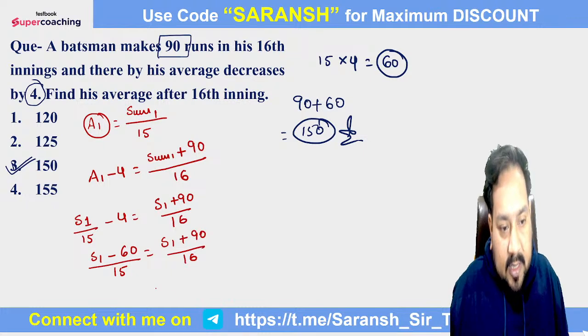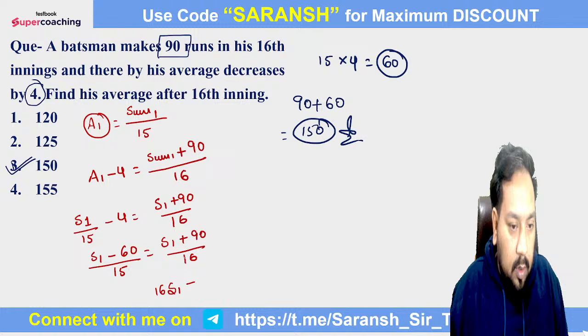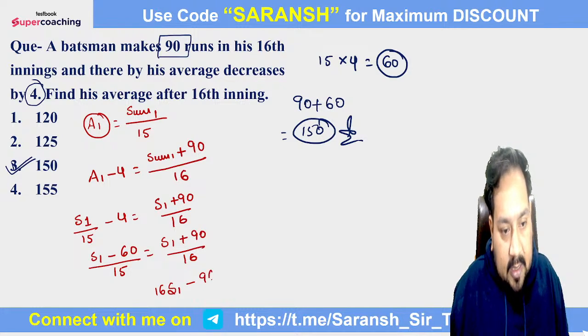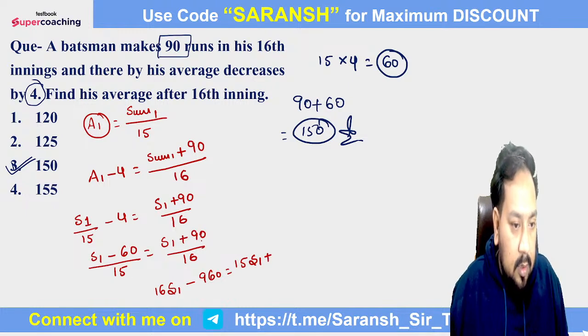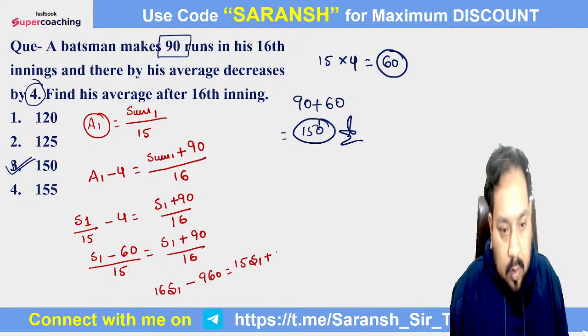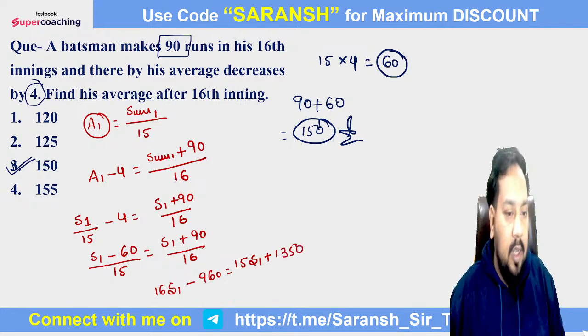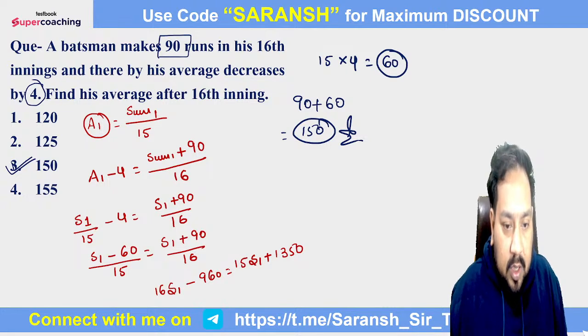See, 16 S1 minus 960 equals 15 S1 plus 1350. Okay, now it will be what?